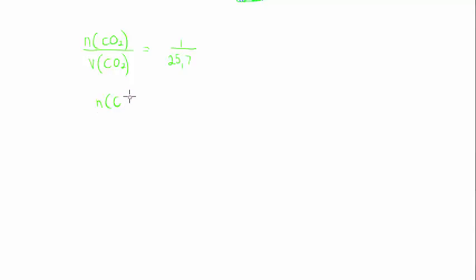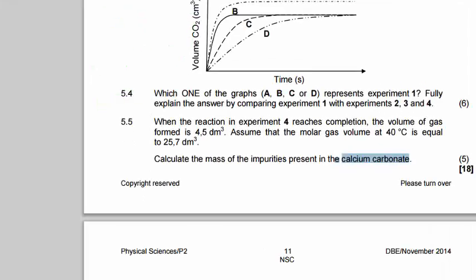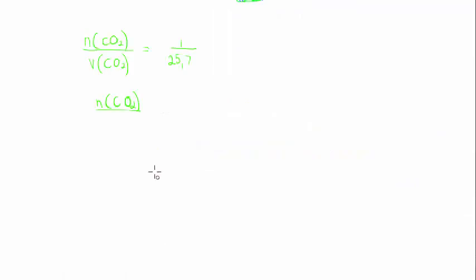I don't know the moles, but I do know the volume that was produced, 4,5 cubic decimeters. And so when I multiply both sides by 4.5, I get the moles of carbon dioxide.